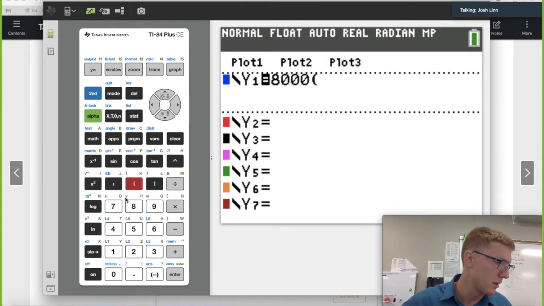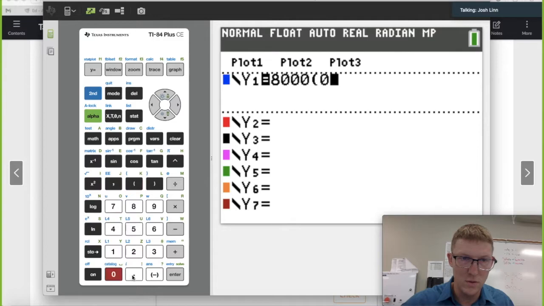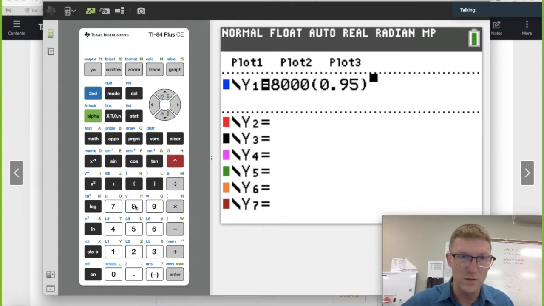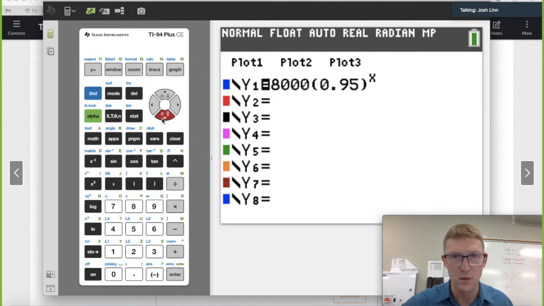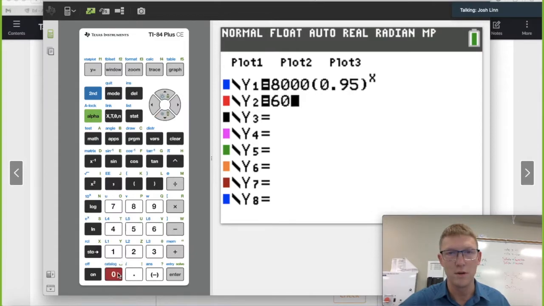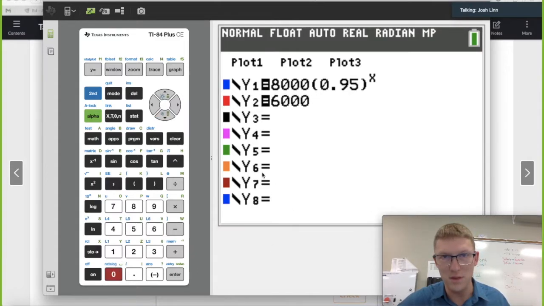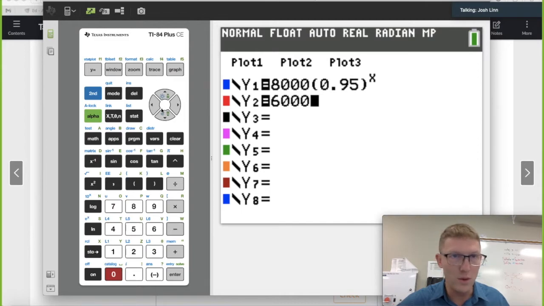And again, we want to figure out when that thing equals 6,000, so we're going to make a y equals 6,000 graph. Now this calculator is way cooler than my graph because it's got pretty colors.